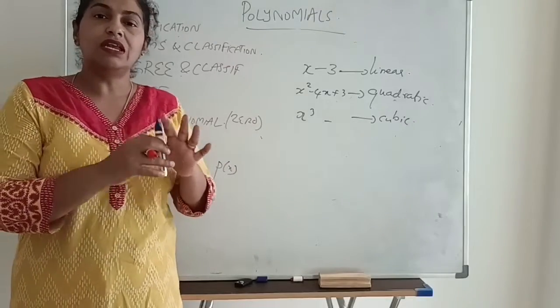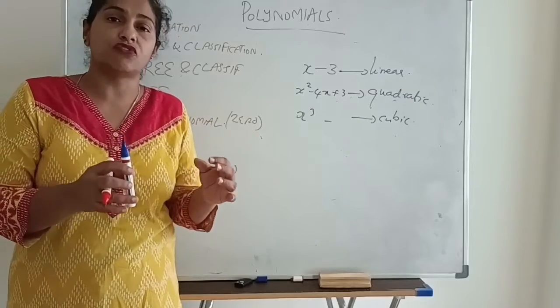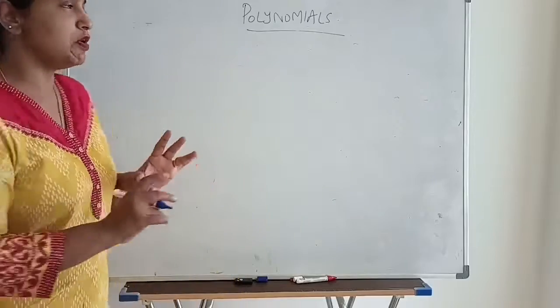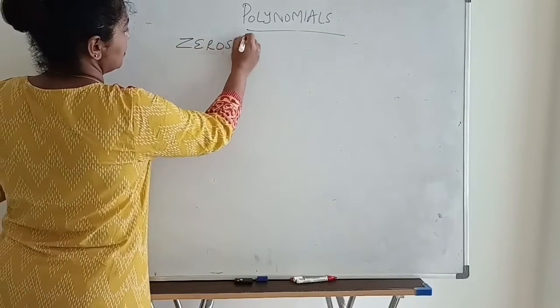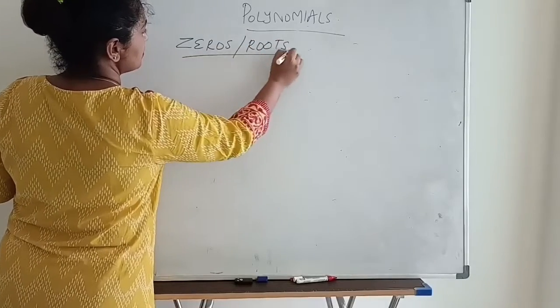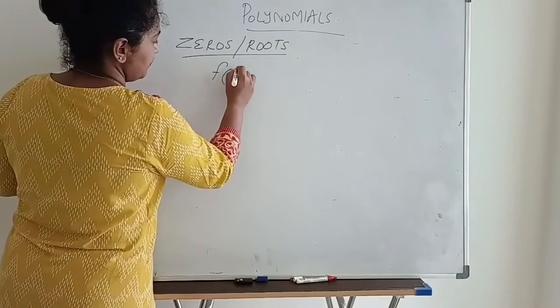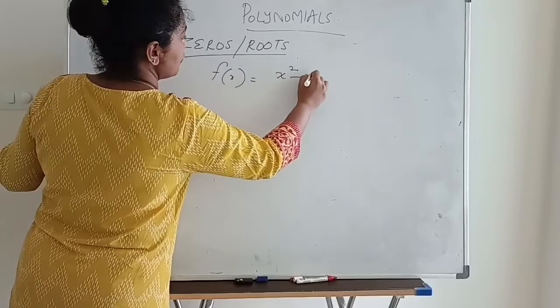Okay. Now let us move on to the concept of zeros or the roots of a polynomial. So, zeros of a polynomial. They are also called the roots. Suppose I have a polynomial f of x. I am writing the polynomial as x square minus 4.